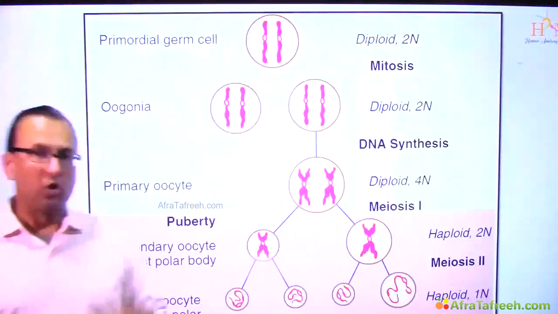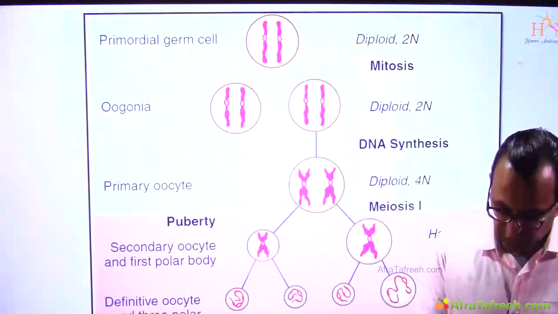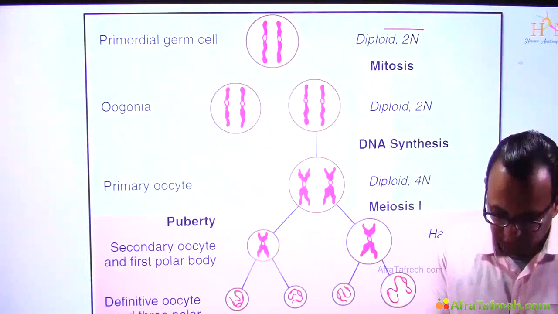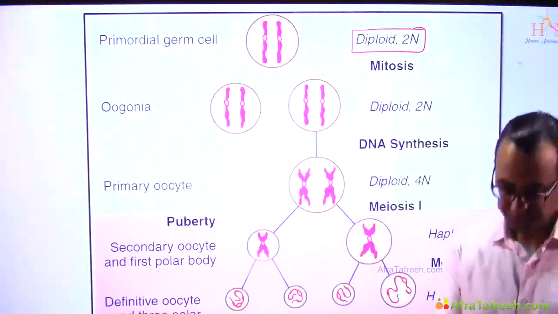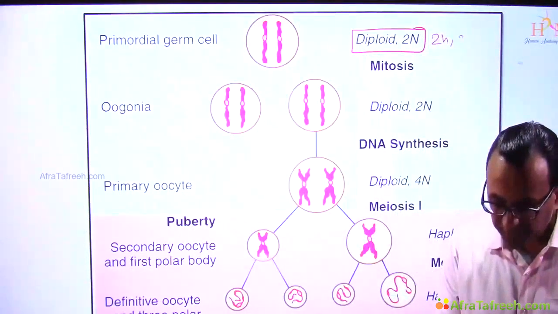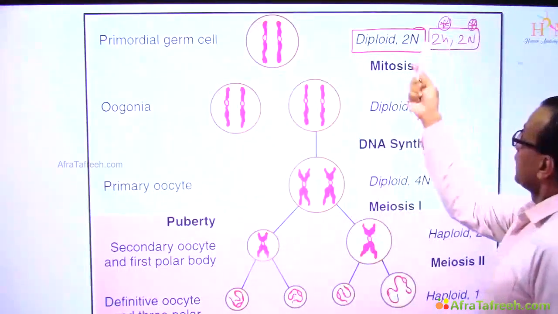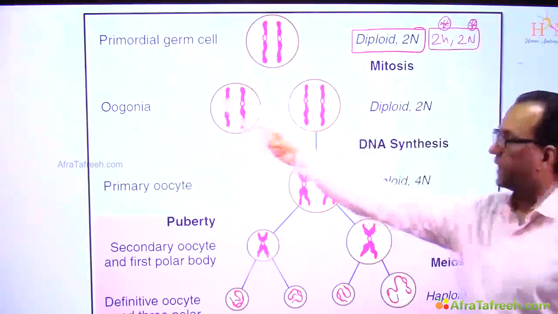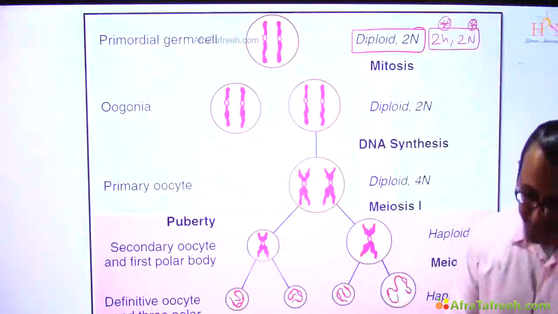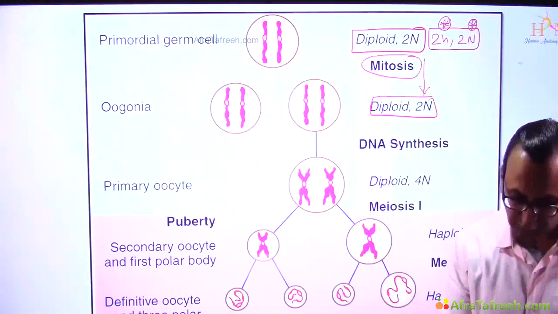Now, what we want to talk about is, notice that as we are having this diploid status here, which is 2n and 2n, the small n is the number of chromosomes and the capital N is the amount of DNA. Since it is mitosis, nothing is going to change in the oogonium. So the oogonium remains the same because the process is mitosis here.